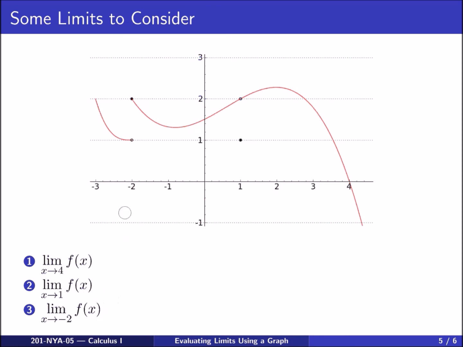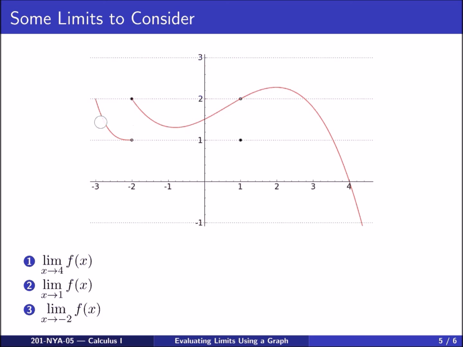For the third limit, if we approach minus 2 coming from the left, we are getting close to the point (minus 2, 1). If we approach minus 2 coming from the right, we are getting close to the point (minus 2, 2).